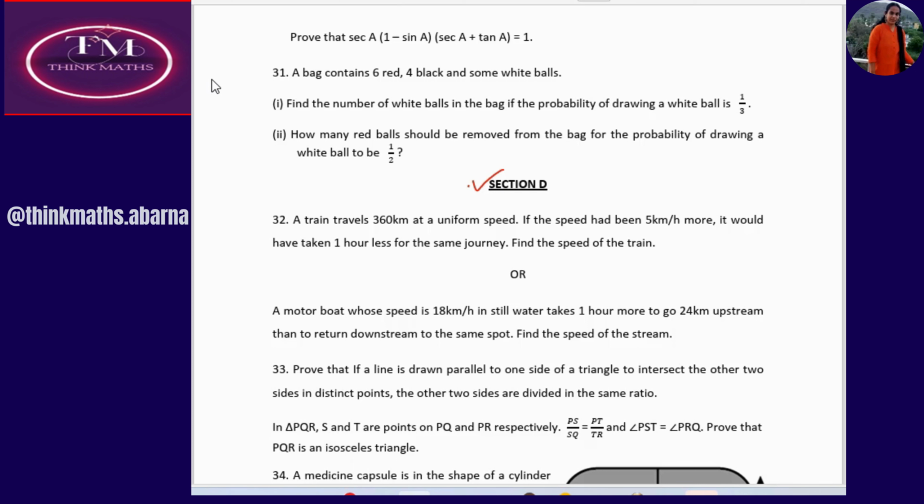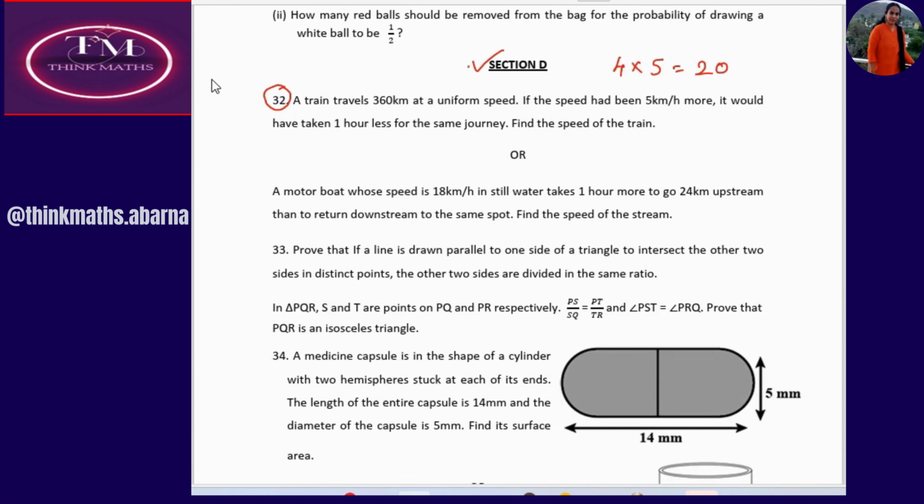Okay. In this section D, how many questions do you have? 4 questions. 4 into 5 is 20 marks. This section D is long answer type. In this section also you have internal choice for 2 questions. Question 32 has internal choice; you can attend either one of the questions. Question 33 is compulsory and has 2 parts: we have to prove this statement, and we have to prove the second part also.